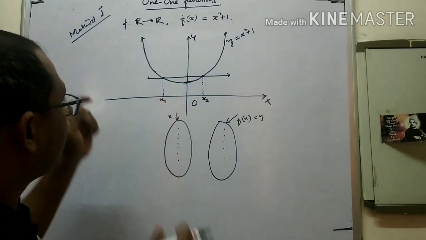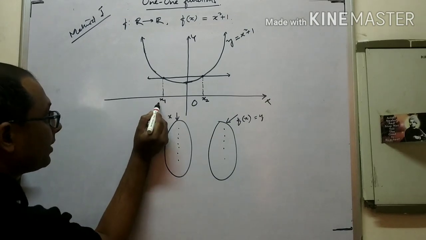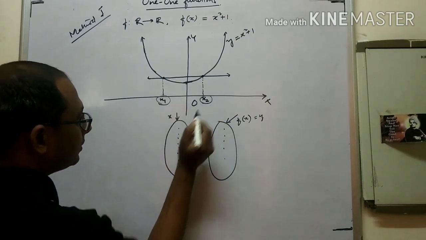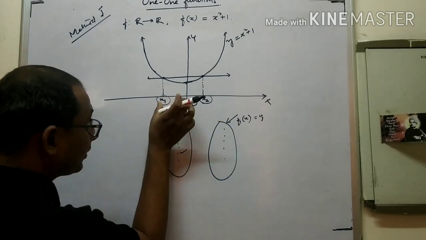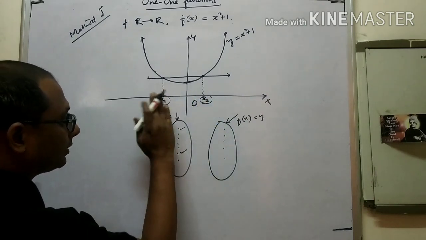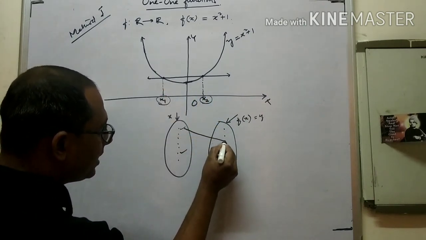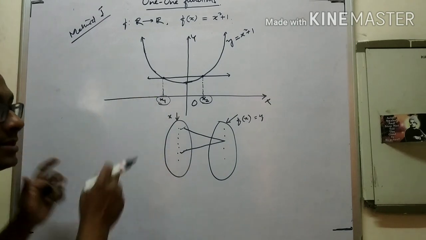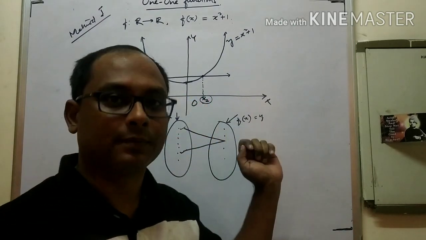So we are getting two values x1 and x2 which are not equal, but we are getting the same f(x) value, saying to us that this function is not 1, 1.